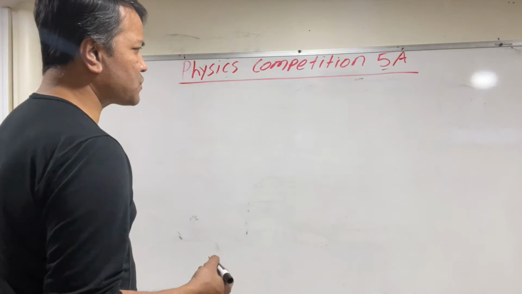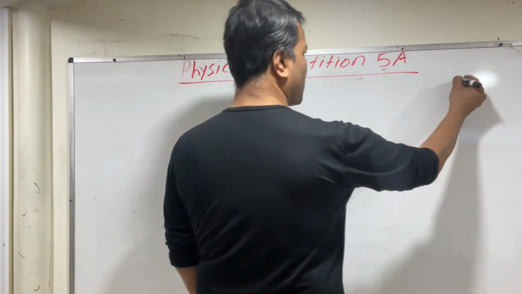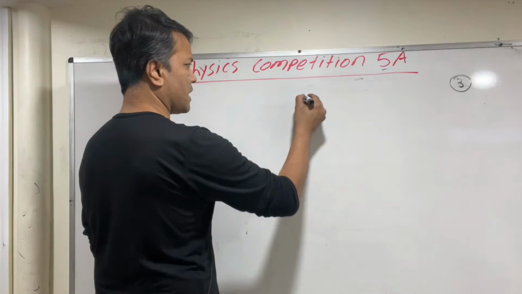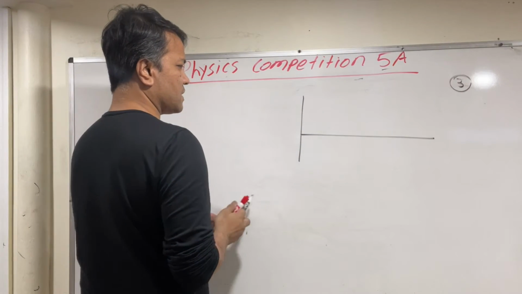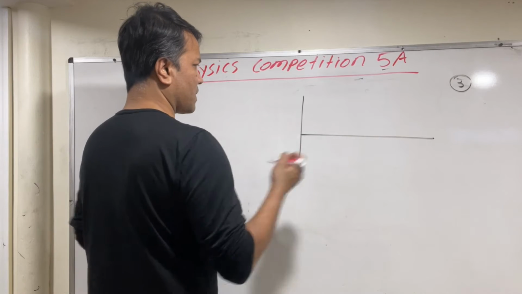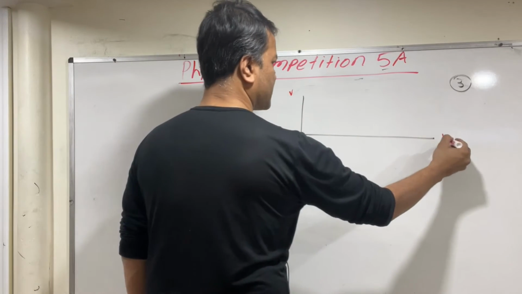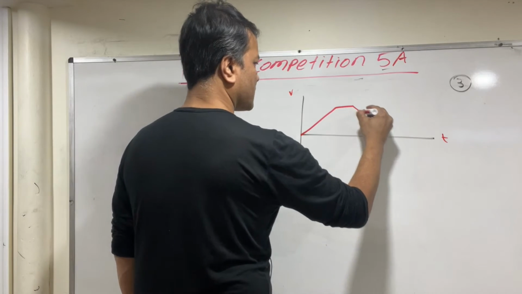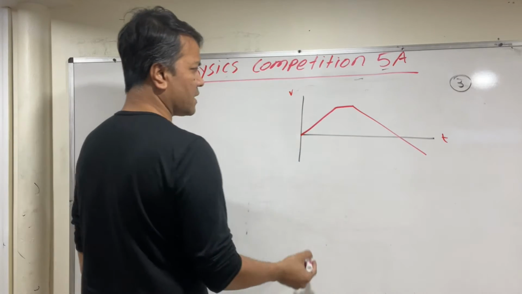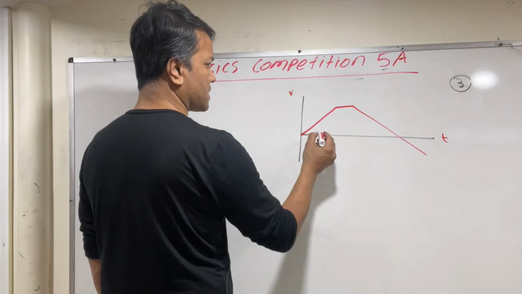So problem number 3. I gave you a diagram, a velocity versus time diagram. So I gave you like this, and then this, and then this. Okay, and then I also give you more information. I give you time.